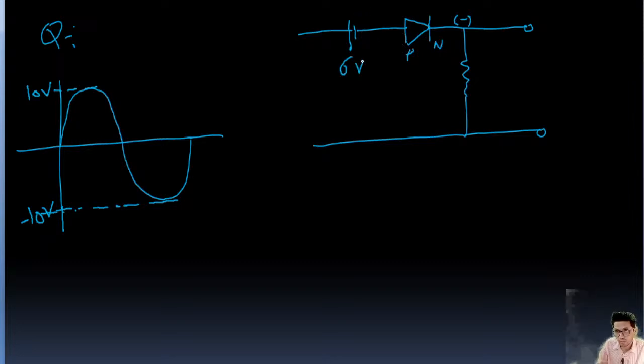This is 6 volt. Giving it means this will work as a short circuited wire. So the voltage is going to be 6 volt, right? So the output voltage will be 6 volt, so that 6 volt will be clipped.